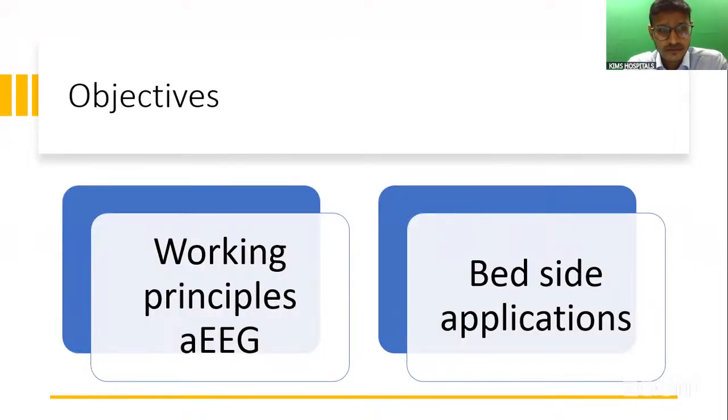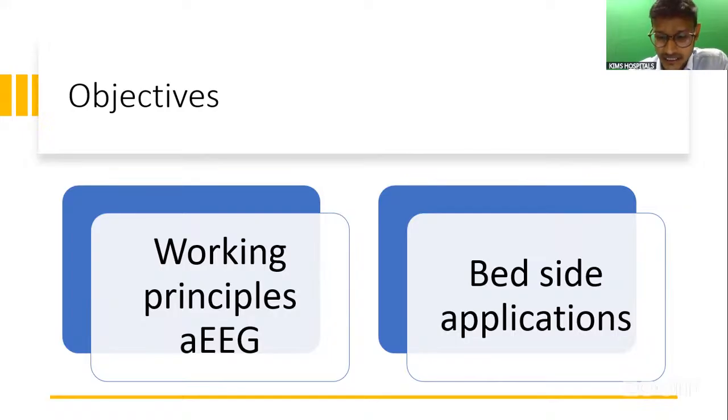Even though conventional EEG is the gold standard in neonates, due to its complex application and limited resources for interpretation, the widespread use of conventional EEG is limited. An alternative to conventional EEG would be amplitude EEG.